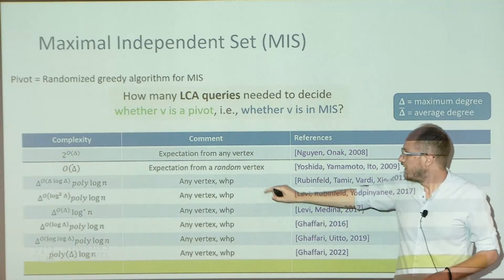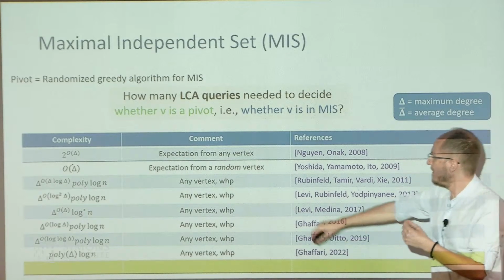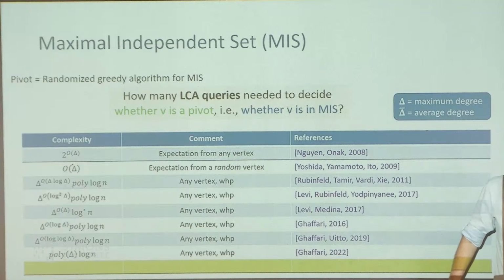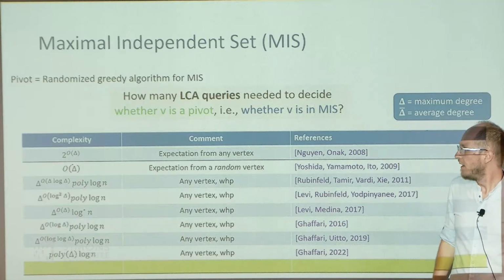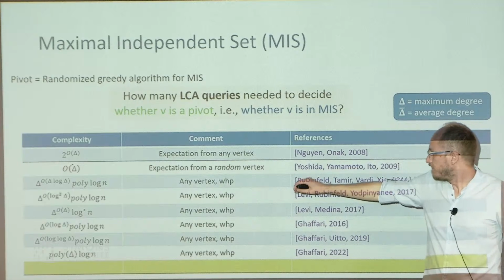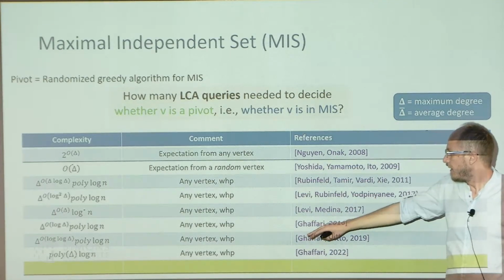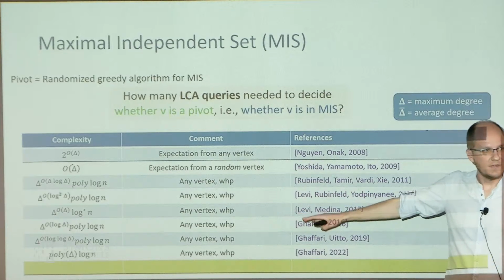Then there has been another type of results, which are asking what guarantees you can give for every vertex in the graph and with high probability. I'm emphasizing here that this guarantee holds for a random vertex in the graph, or if you wish, it holds for vertices on average. But there has been a fairly long line of work trying to answer this question for any vertex, and again, with high probability.